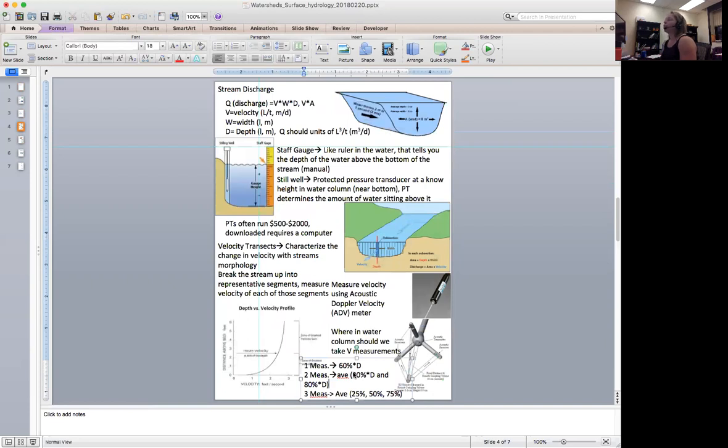So there are trade-offs for sure. Also, it takes a heck of a lot of time to discretize as you're moving across one of these. But nonetheless, it gives you a very good characterization of the system itself, and therefore allows you to really understand and quantify the amount of water moving through a stream at one given point.